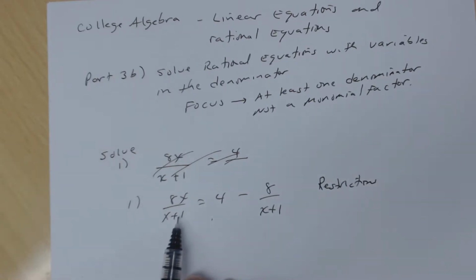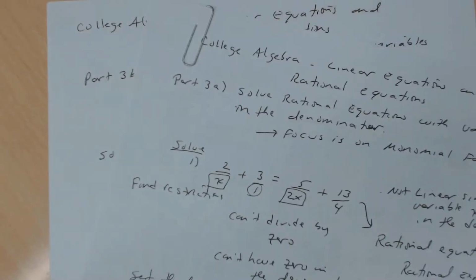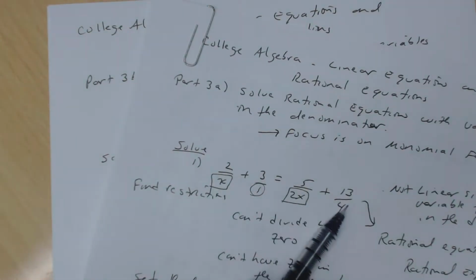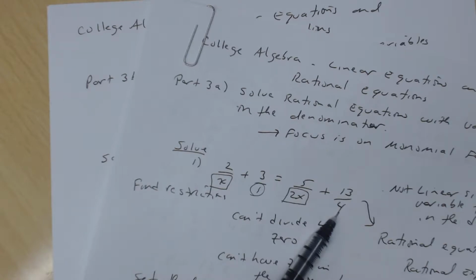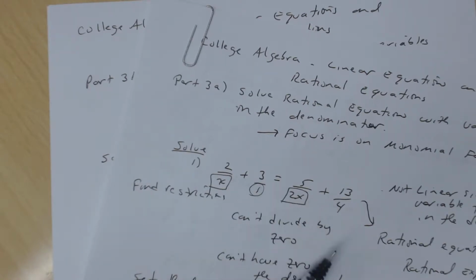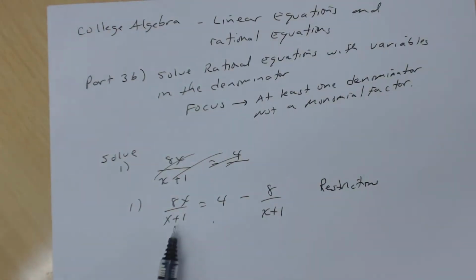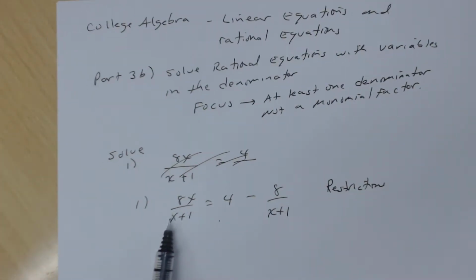In the previous lesson, these were all monomials, so we didn't factor. We just set each of these equal to 0. Now we're at a situation where the factors are not monomial, so the first thing you want to do is factor your denominators if you can.